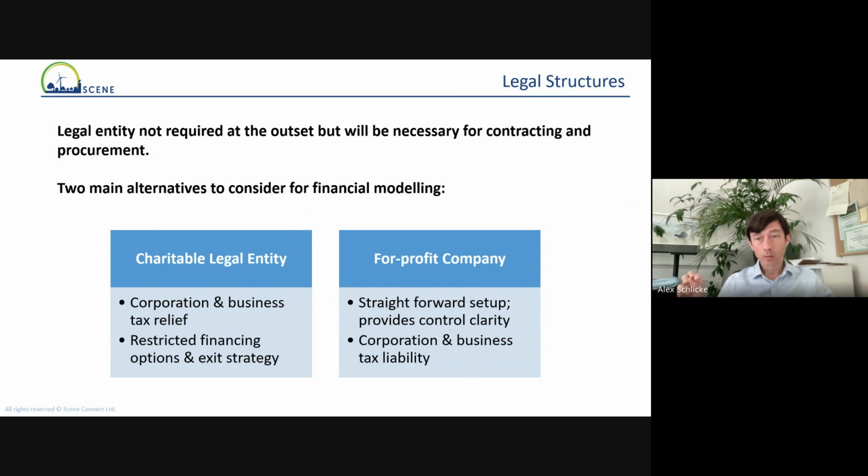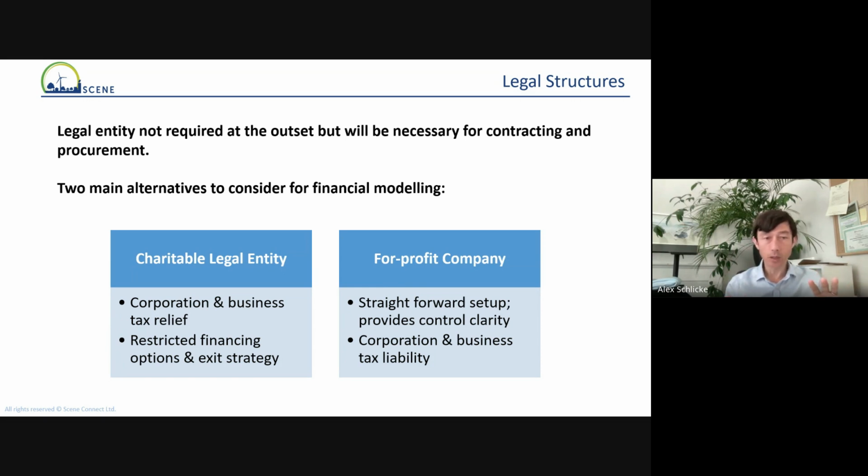Now, sometimes in the community sector, the idea of a for-profit can come across as a bad word, but it doesn't need to be. It can be not for private profit, but still be operating in governance terms as a for-profit company. The profit could be ring-fenced and put towards community benefit. So it's just about understanding it as a legal structure.